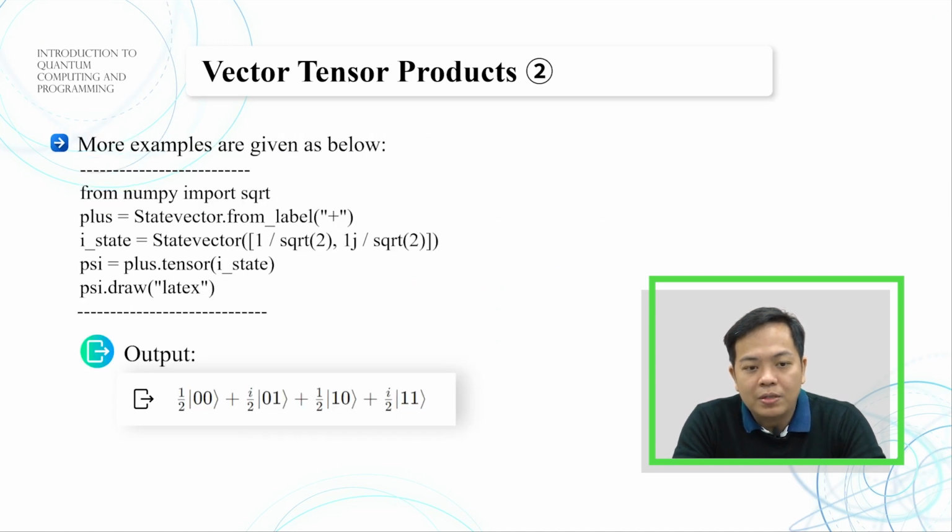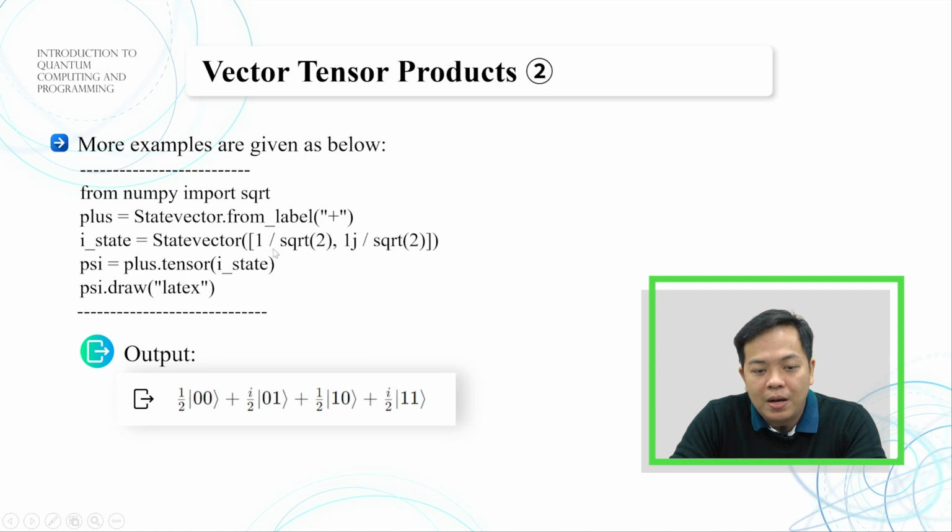In the next part we will have the tensor product for an example from the plus vector. You may remember we talked about the plus quantum bit a long time ago.